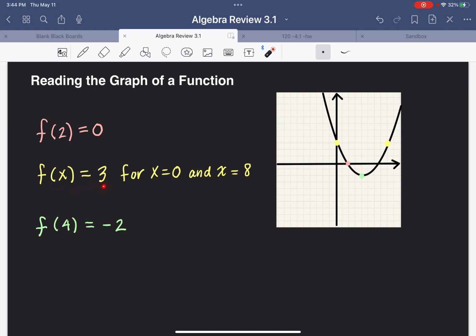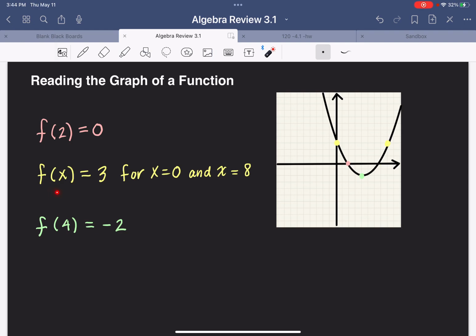Find f of x equals 3. Okay, so f of x equals 3 here in yellow. Look, that means y is 3, right? Because f of x means the output value, which we used to call y. If it's 3, 1, 2, 3, here it's at 3. That's where x is 0. And here it's also at this 3 level. That's where x is 8.